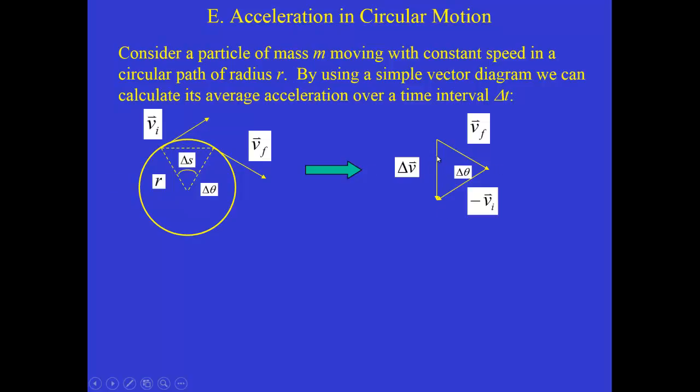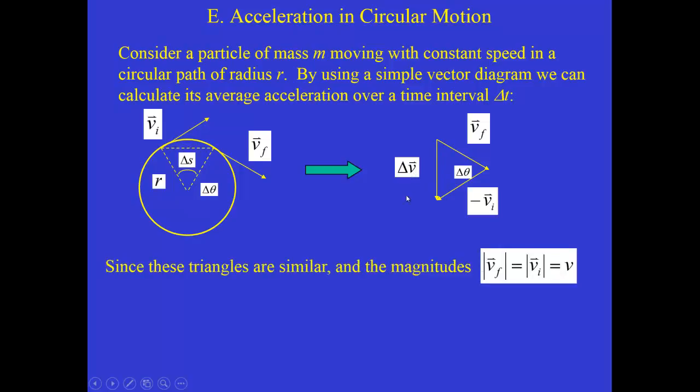The reason for doing this is that it allows us to construct the change in the velocity vector. Remember, change is final minus initial. So as a result, what we see is v final plus a negative v initial gives us this delta v. And notice, if I draw the diagram carefully, that this delta v points downward in this diagram, which would be toward the center of the circular path.